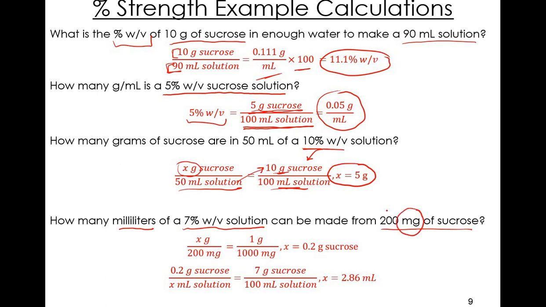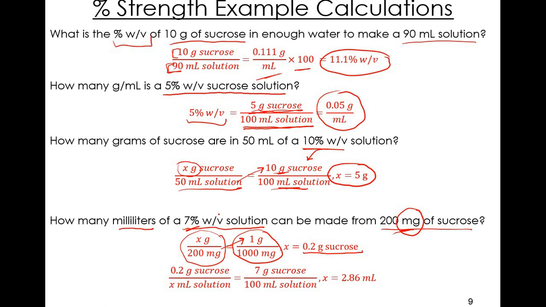We know the default unit for percentage concentrations is grams, and this amount is in milligrams. Knowing that 1 gram is 1,000 milligrams, we can set up a proportion to find out how many grams are represented by 200 milligrams. Cross multiplying and dividing, we see that there are 0.2 grams of sucrose.